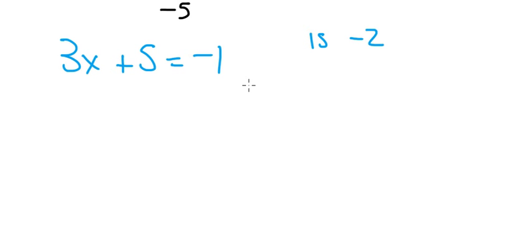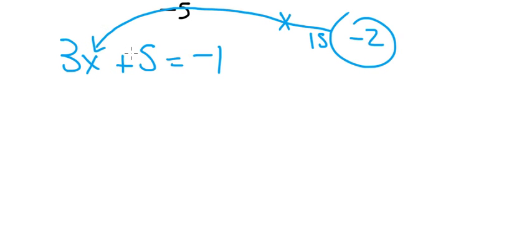Well, how do we do this? She's saying the answer is negative 2. How do we check to see if she's right? Does everybody see that we take this 2 here, because she's saying that x is equal to negative 2, so we come over here and we put negative 2 here and we see what we get. Does that make sense? Okay, so we take 3 and the value of x is negative 2 plus 5 equals negative 1.